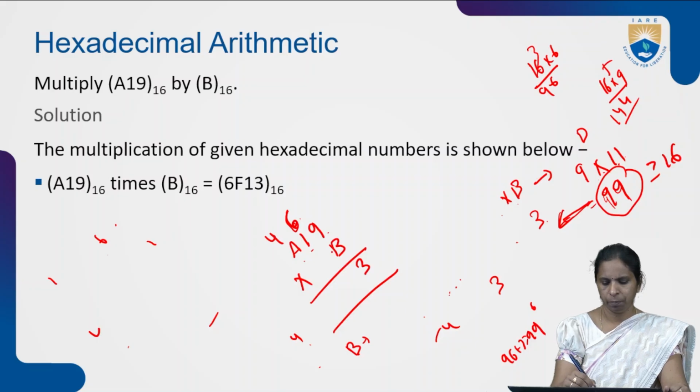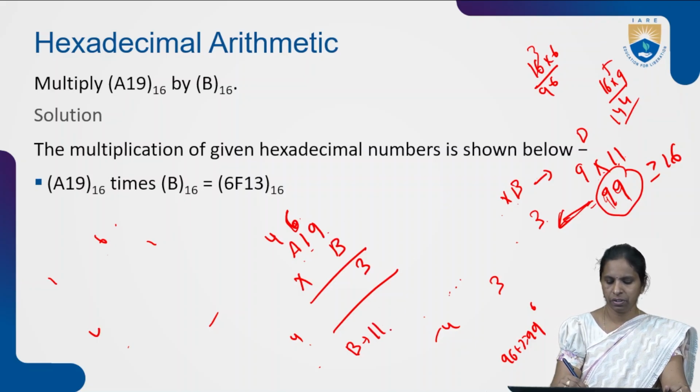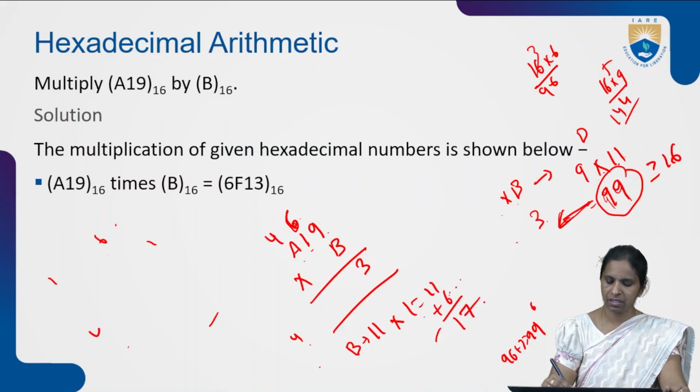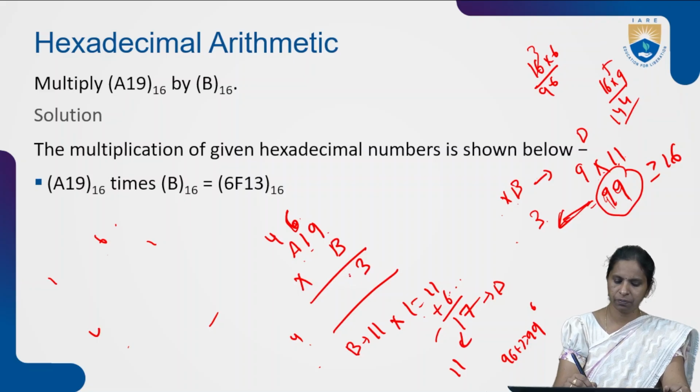B into 1 is nothing but B, that is 11. So 11 into 1 is 11, plus the carry 6 is equal to 17. And this is a decimal number. 17 in hexadecimal is nothing but 11. Therefore, here 1, and the carry here is 1.